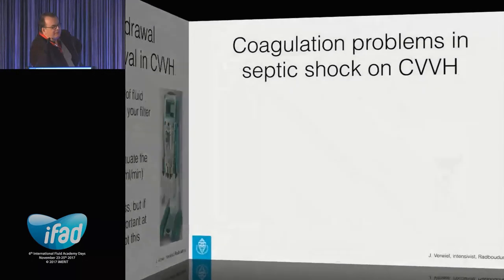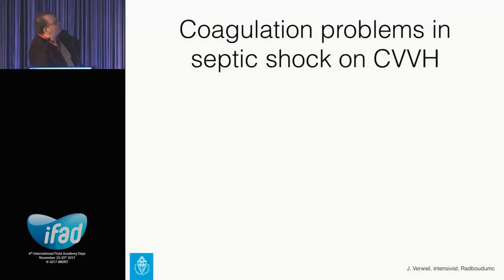Is this complicated? No. But there are several other problems in septic shock we have to deal with. For example, the coagulation problems. That can be a problem in the situation of CVVH, because we need to have coagulation therapy in CVVH for the external circuit.